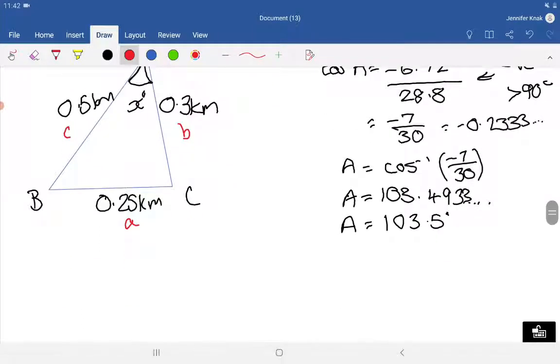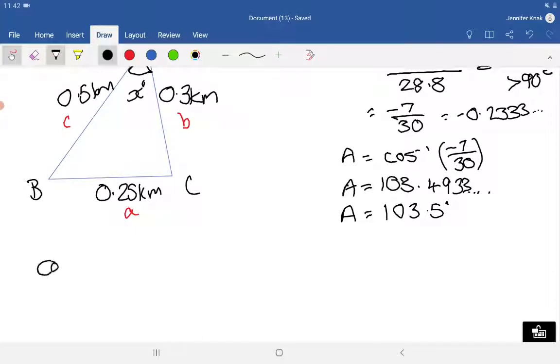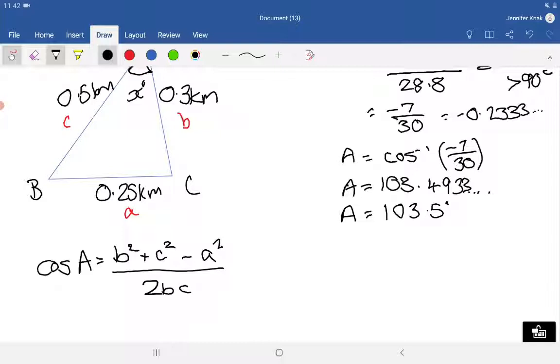So writing out my cosine rule, I'm just going to start it down here. Cos A equals b squared plus c squared minus a squared over 2bc. And then we put in our numbers.